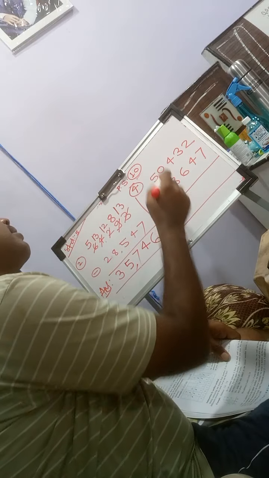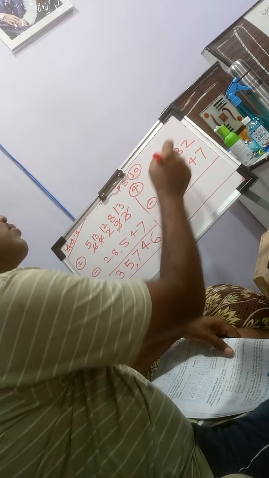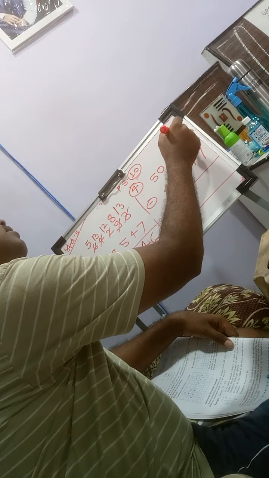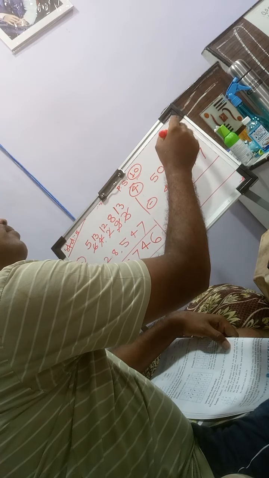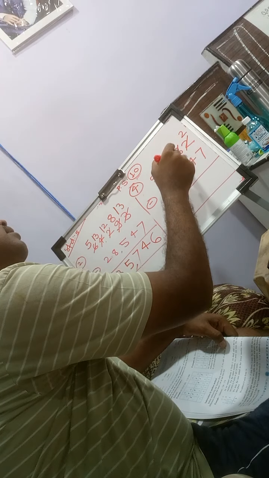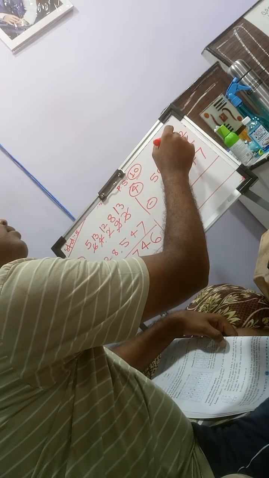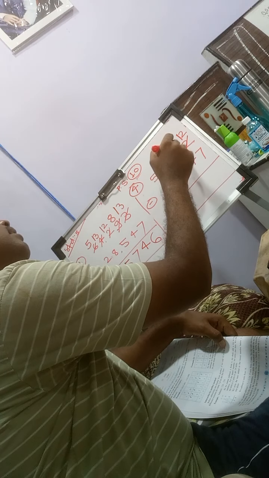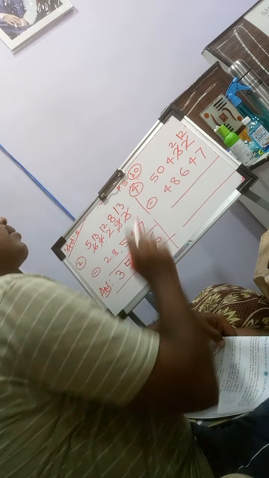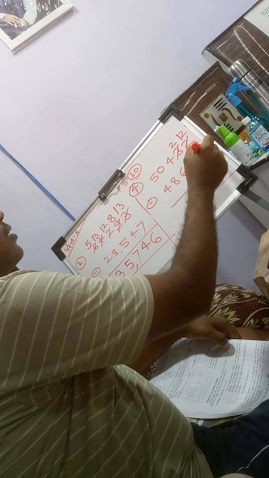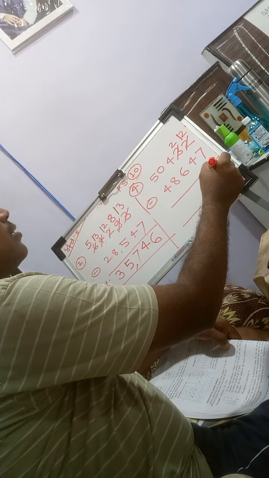So in this case also you have to borrow 1 from 3. You write the 2 and then you have to borrow 1 from the 3. 3 minus 1 it will become 2. So 12 minus 7, the answer will come 5.